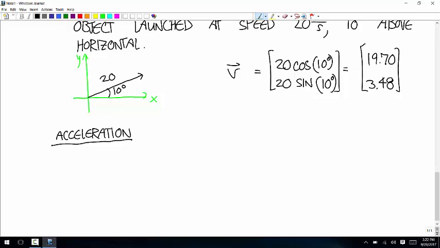Yes, that's right. Since 10 degrees is a really small angle, most of its speed is going horizontal and only a little bit is going up at that instant. So this whole thing is units of meters per second. The whole vector has the same unit always.